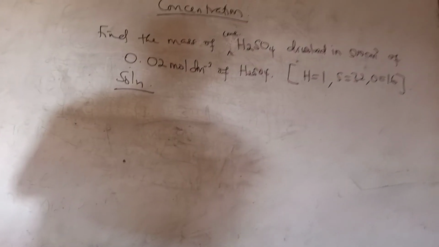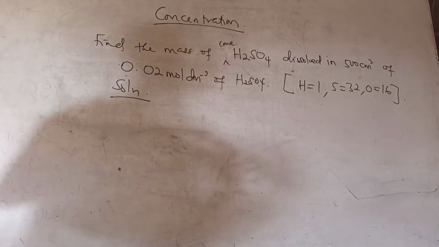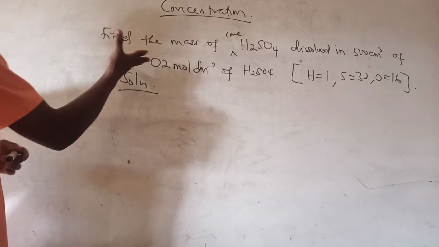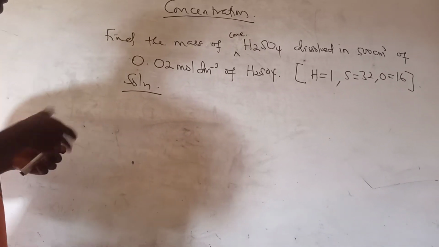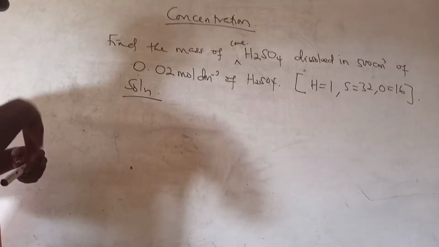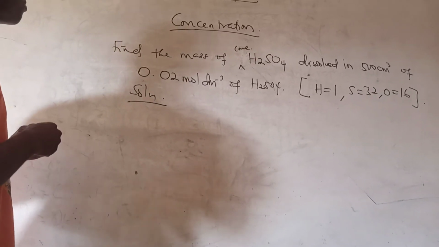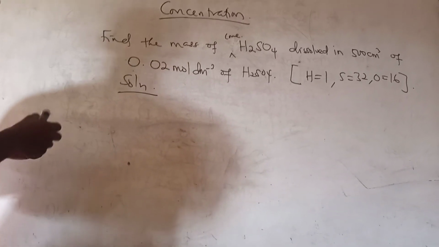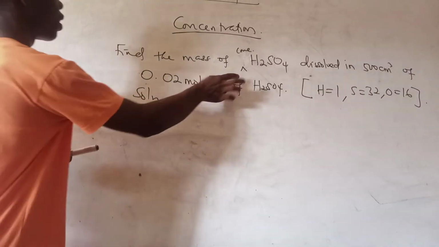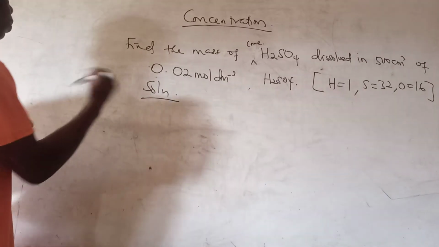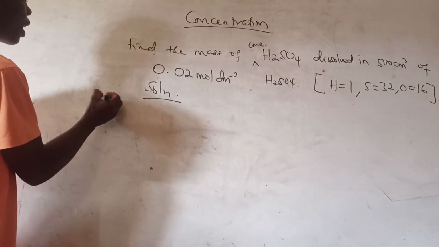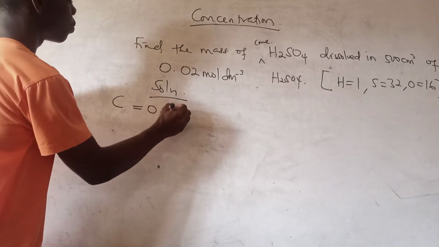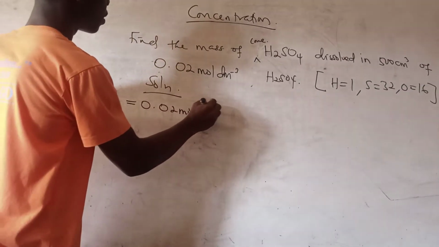From this, you can solve it many ways. So let's check. We're given the amount concentration. The question said find the mass of concentrated H2SO4 dissolved in 500 cm cube of 0.02 mole per dm cube of H2SO4. We can omit the H2SO4. So we can say that the amount concentration C is equal to 0.02 mole per dm³.